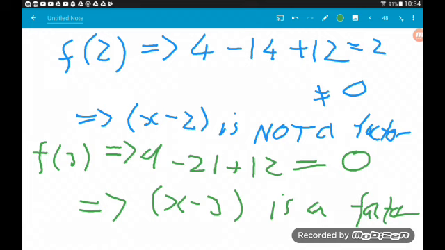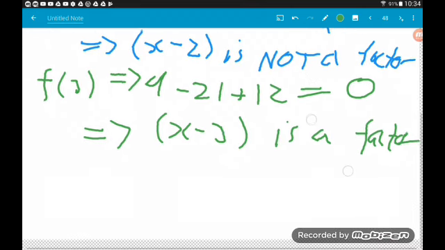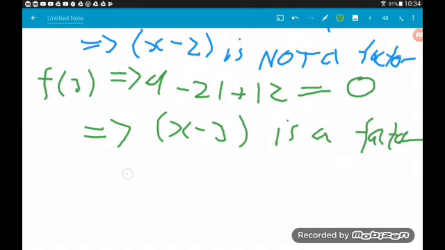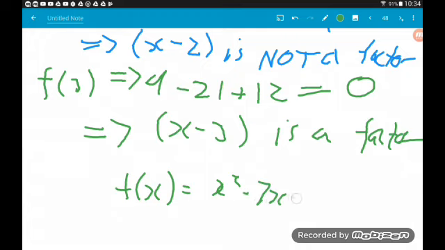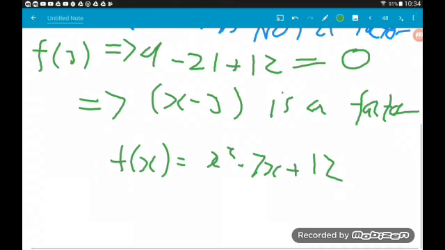Now, how does that help us then? Well, we know then f of x is x squared minus 7x plus 12. So we've got this now factorised down to x minus 3.